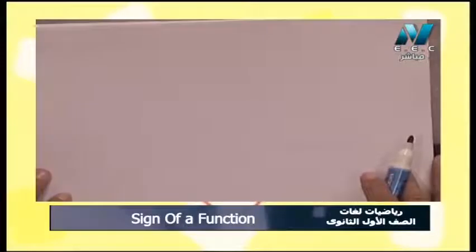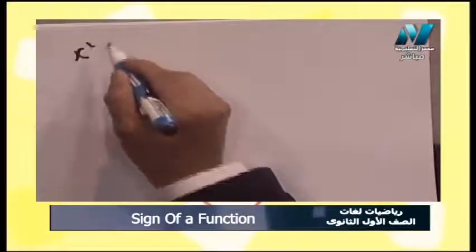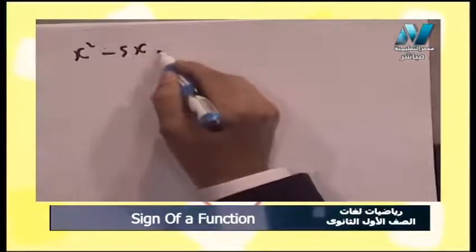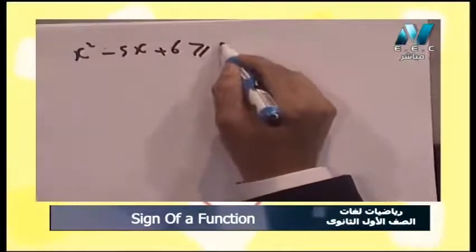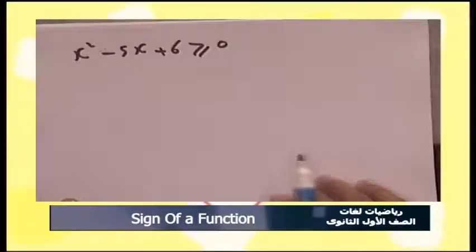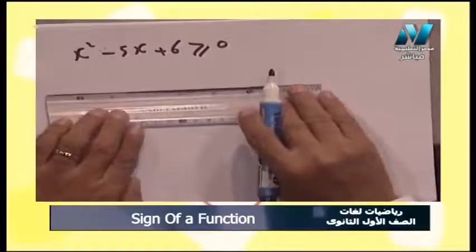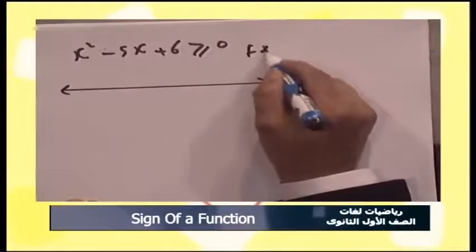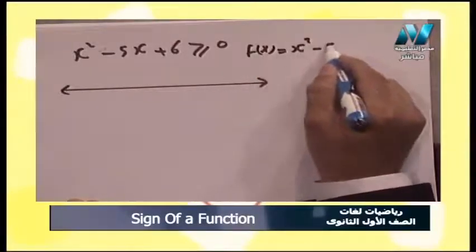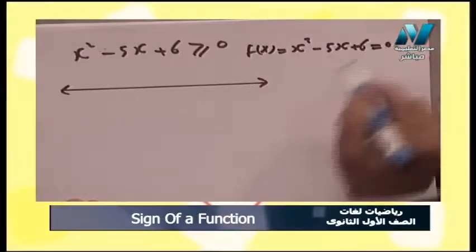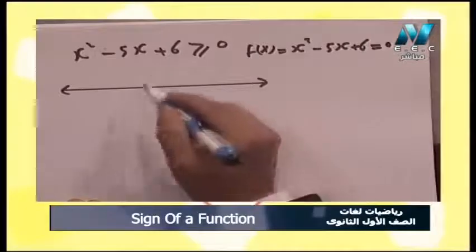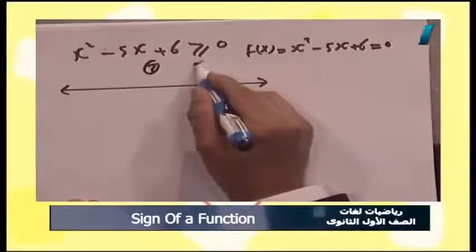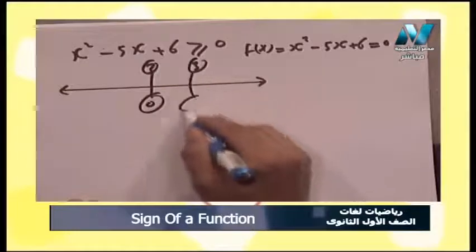And we would like also to write the same question, x power 2 minus 5x plus 6, but now greater than or equal to 0. We know that this function has two roots. If we write it as a function, x power 2 minus 5x plus 6, and put it equal to 0, its solutions will be 2 and 3, as we said before.